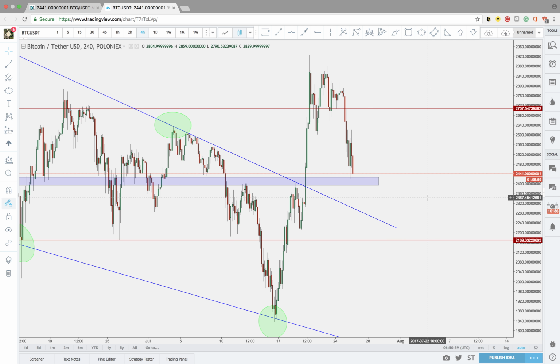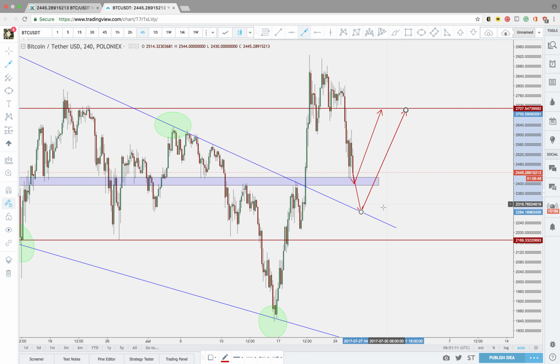What it may do now is come down here, go up, come down here, go up, come down, big candle to break. Then we can't say, it may go down as well, it may go up.